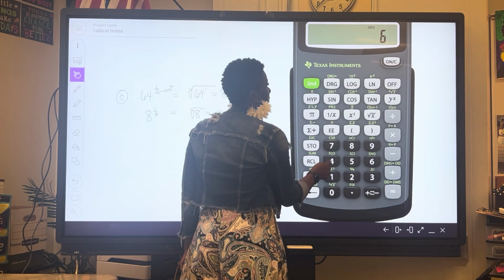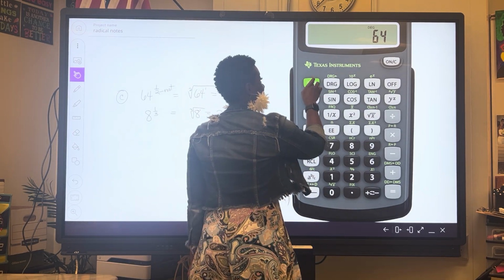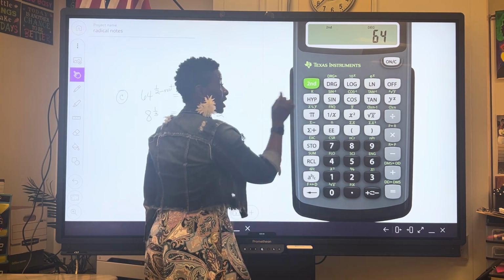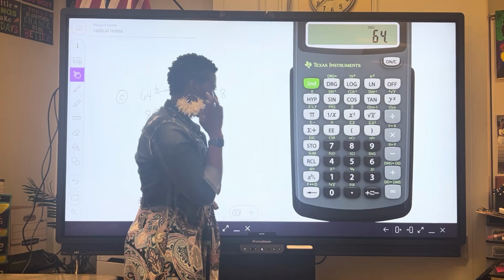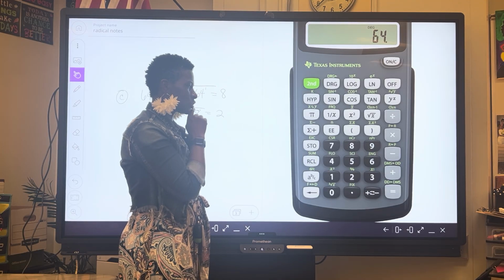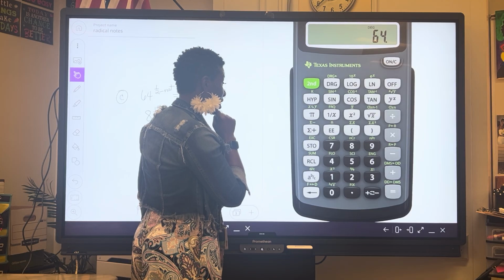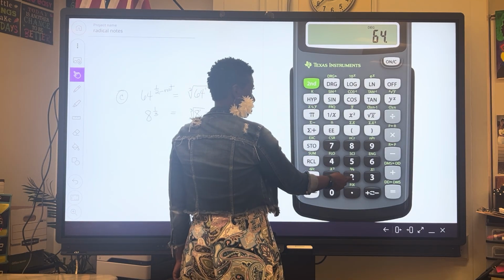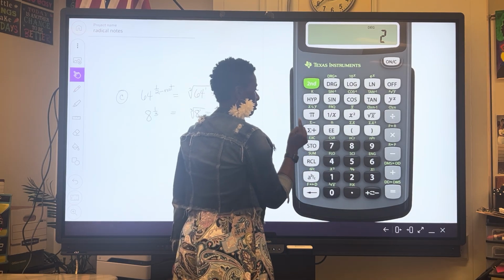Let's try something else. What if we did 64, first the second, and then the y x, and then you press 2, and then you press equal.